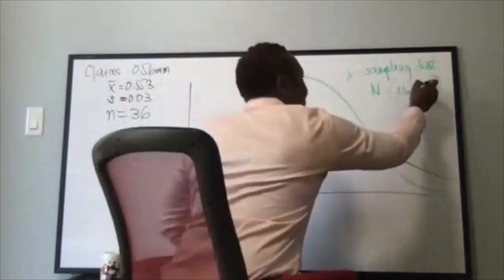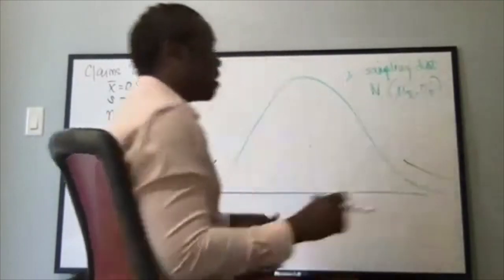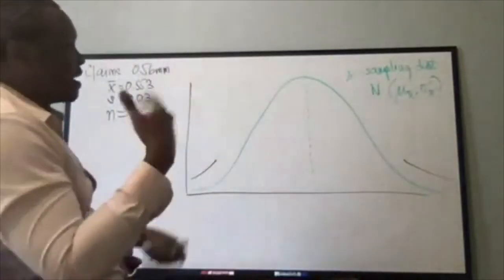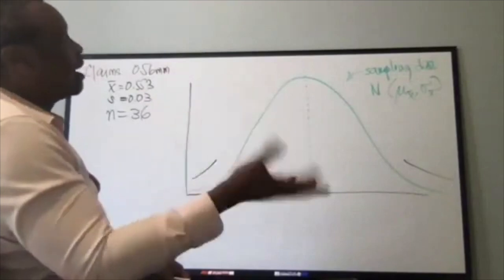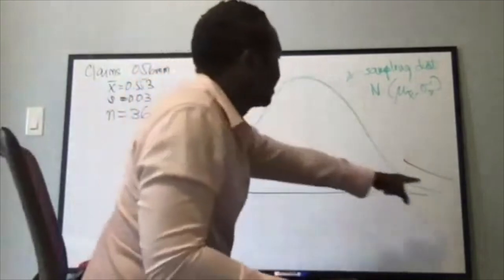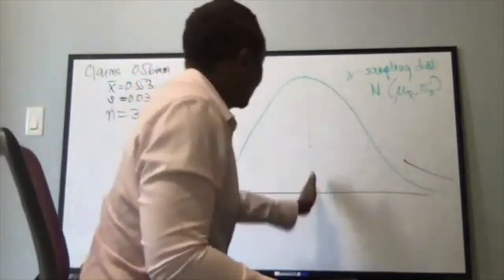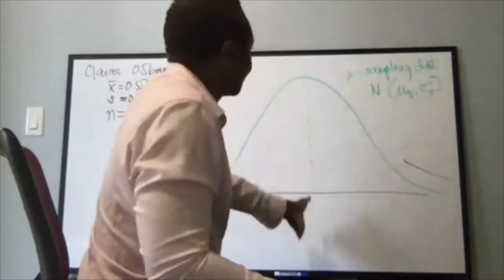And then I'm going to write this: sigma sub x bar. So I don't want you to get confused over the notation. All that means is this green distribution is going to have a certain mean, which is going to be right in the middle. It's going to be equal to the mean that's given.